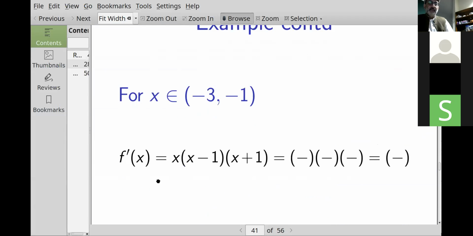If we put such a value into x, x minus 1 and x plus 1, when x is negative, x minus 1 will also be negative, and x plus 1 would still be negative. The product of 3 negative numbers is a negative number. So the function is decreasing on the interval from -3 to -1.